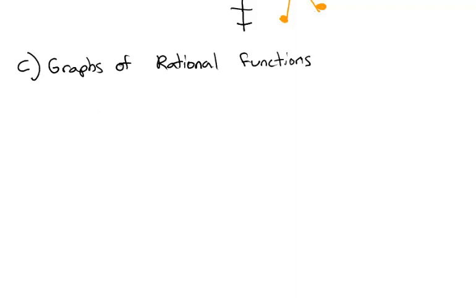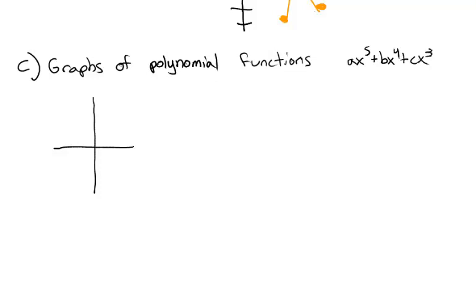Now graphs of rational functions, I'm sorry, not rational functions, polynomials first. We'll get to rationals in a minute. Graphs of polynomial functions. Now polynomial functions, that's your ax to the 5th plus bx to the 4th plus cx cubed plus something like that.